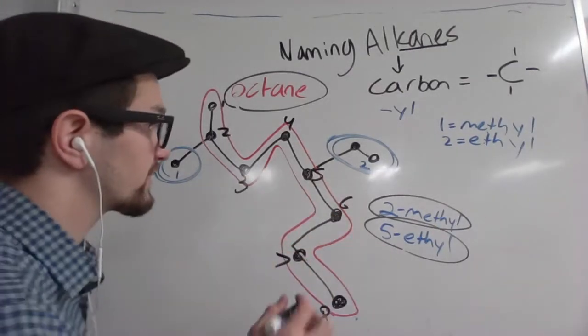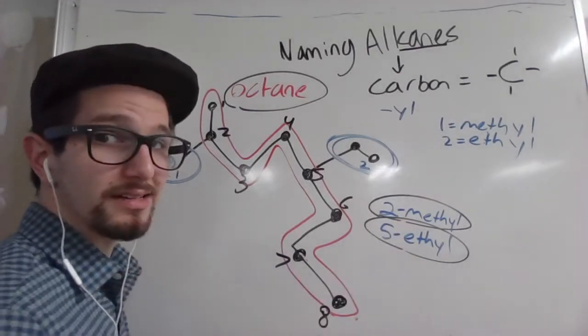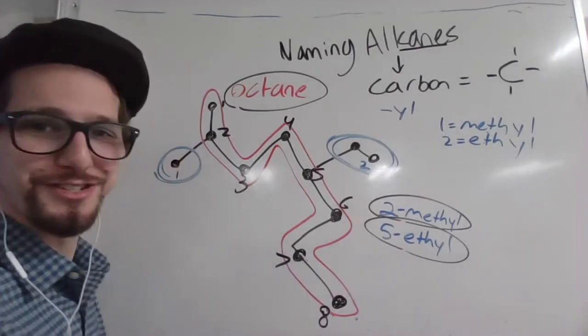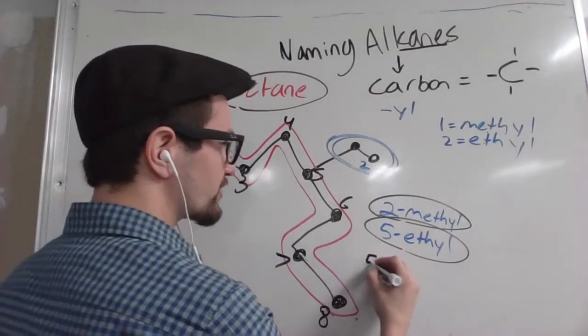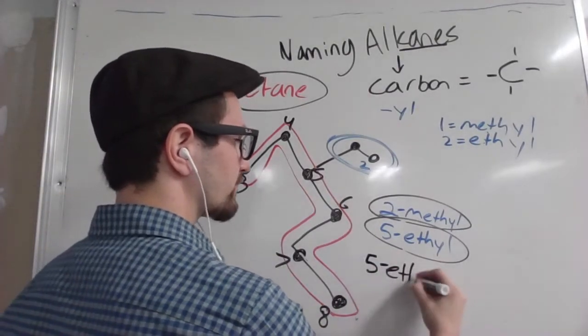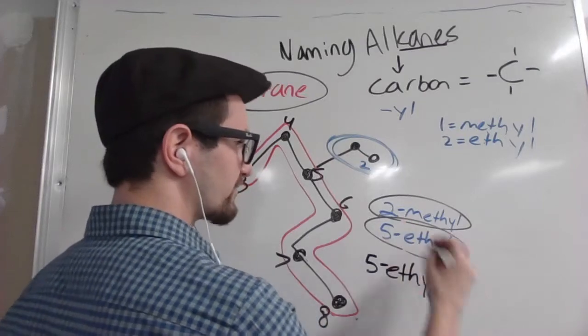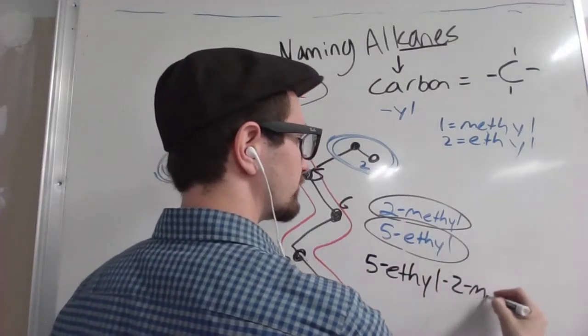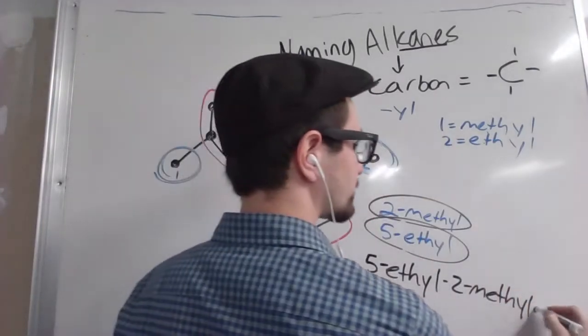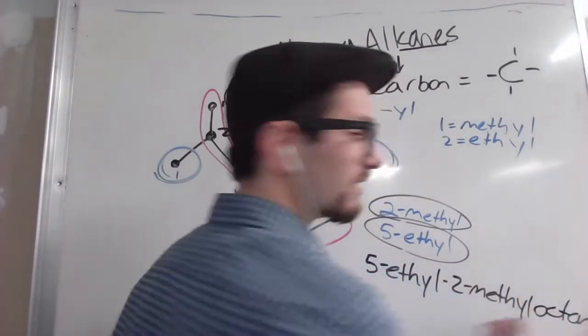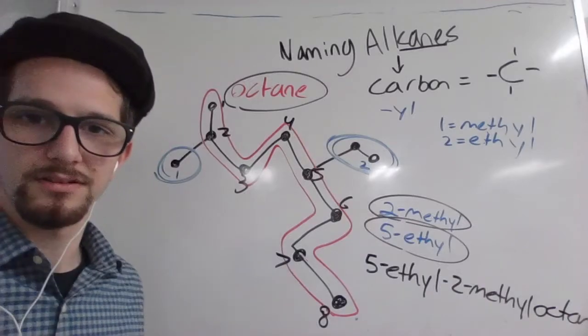So what comes first, E or M? I think, hopefully, if you're in high school chemistry, you know that E comes before M. So first I'm going to write 5-ethyl. Then I'm going to write 2-methyl. And then I'm going to write octane. And there's my name.